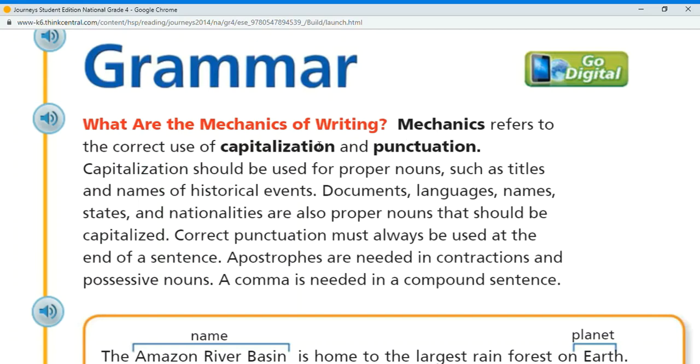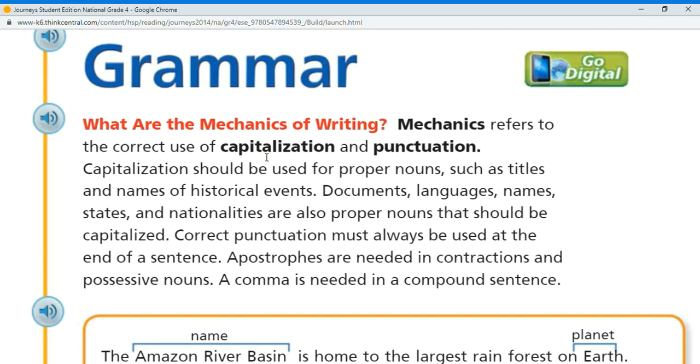So, by talking about these two terms, guys, let's remember the meaning of each of them and the use or the function of each of them, because actually in our previous lessons we talked a lot about capitalization and punctuation. And actually, guys, in your writings, you always have some mistakes in capitalization.